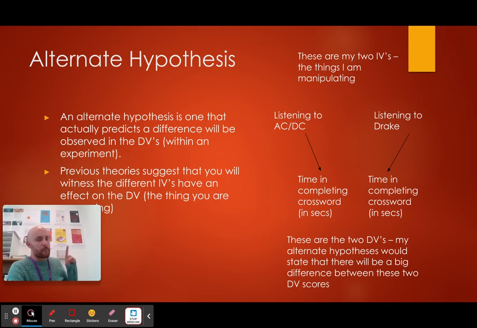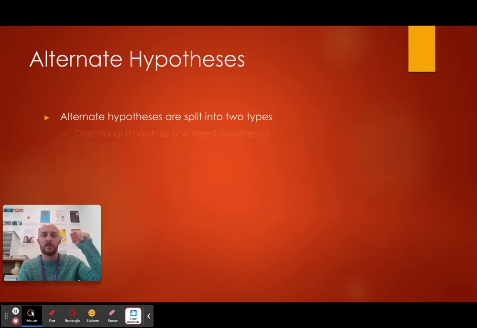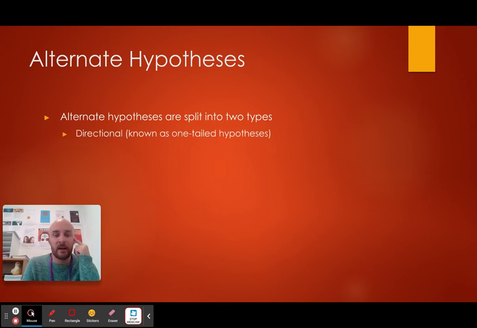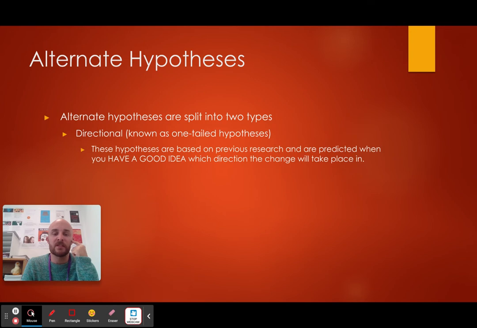Now, if I know that from previous pieces of research, when it comes to me making a hypothesis, not only am I going to be sure that music does impact crosswords, I know which direction it's going to go. In this case, I know that AC/DC is going to score higher. So that is why you make a directional or one-tailed hypothesis, is if you base it off previous research and you have a good idea which direction that change will take place.